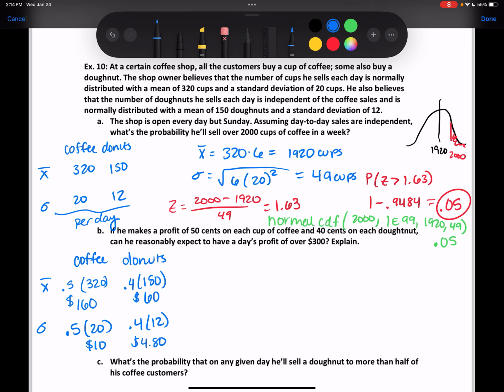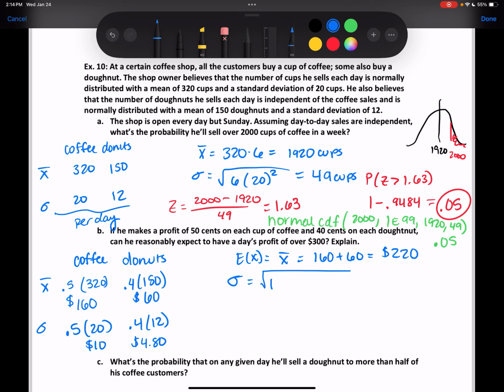So now expected value, we're adding the means together. So 160 plus 60 is 220. Standard deviation. Now, because we want to add them together, what am I going to have to do?